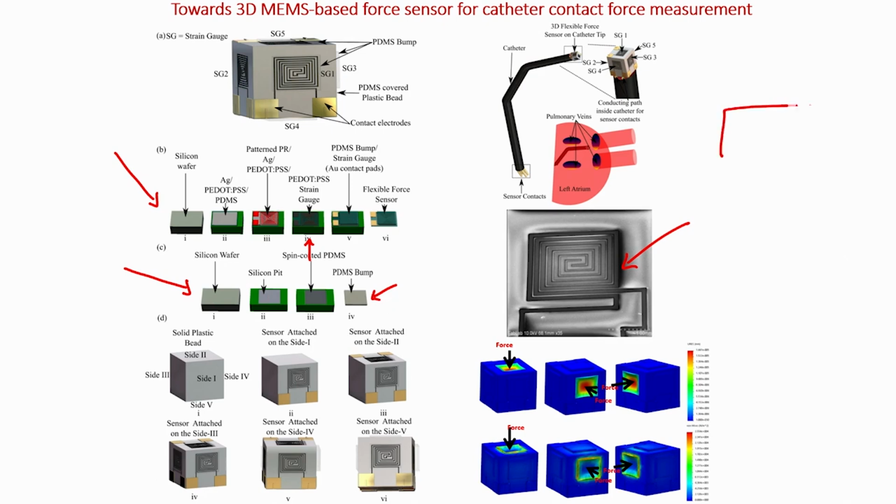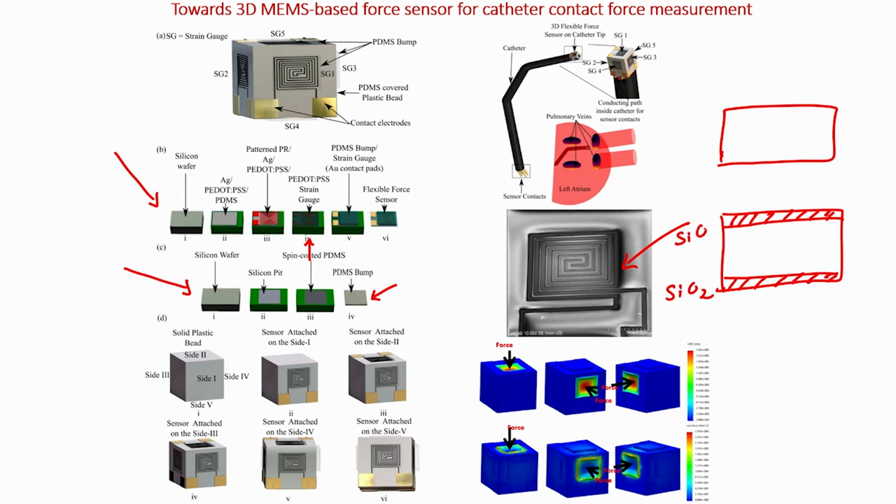If I take a silicon wafer, I oxidize this silicon wafer, right, and then you create a window using lithography, right.